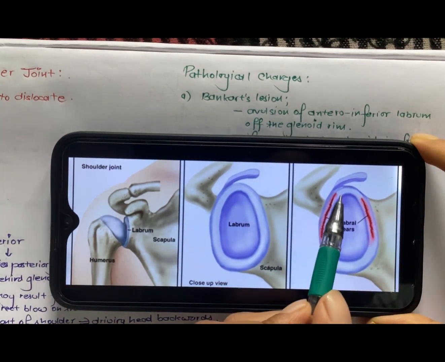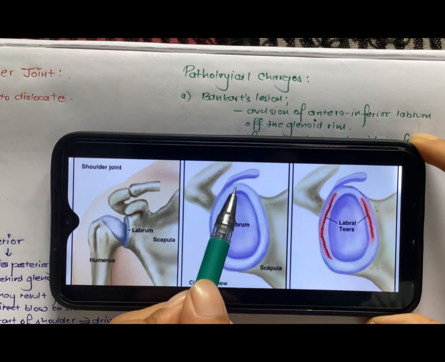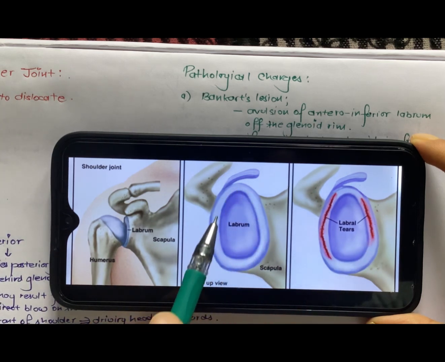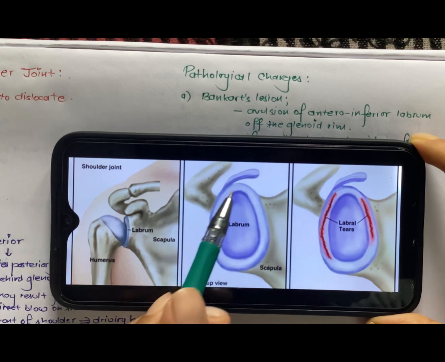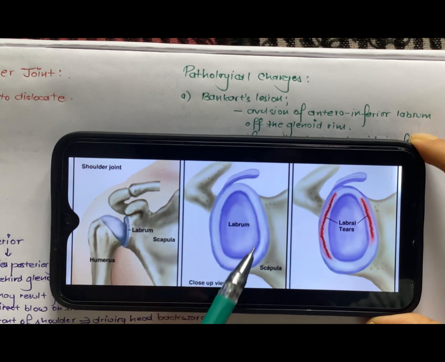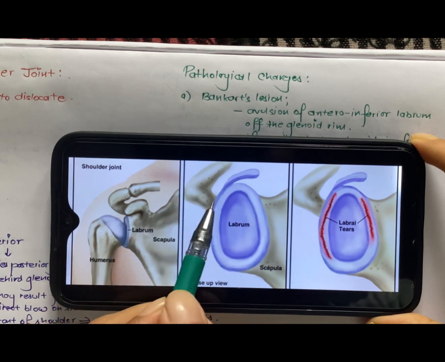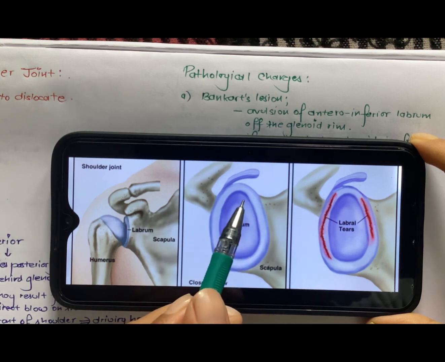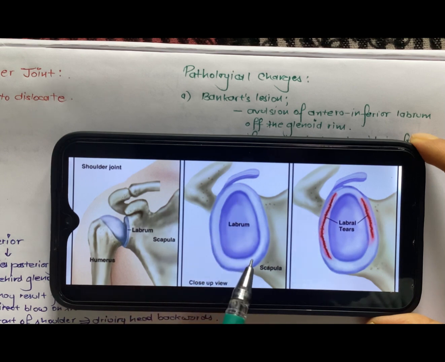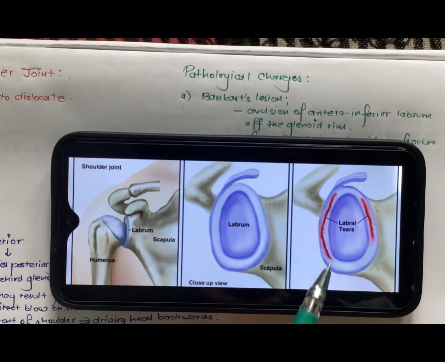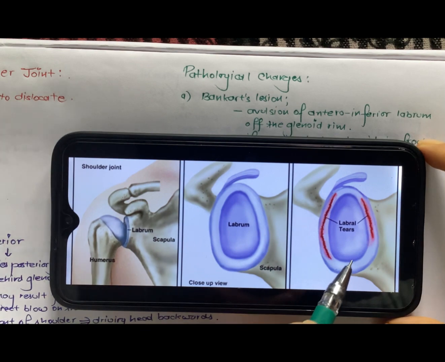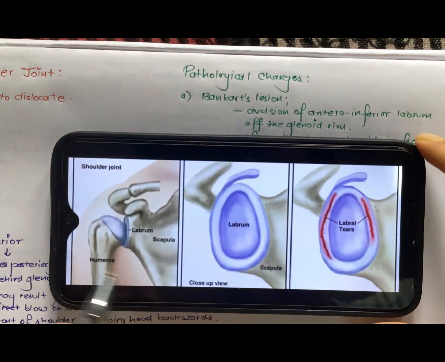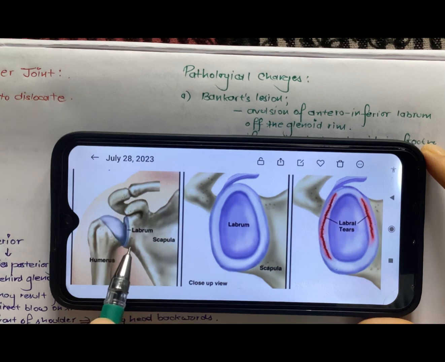As we all know, the labrum is a rim of soft tissue or fibrous cartilage that gives support to the shoulder joint, and the ligaments that stabilize the joint are attached to this labrum. When there is avulsion of the anterior and inferior labrum of the glenoid rim, it is known as Bankart lesion.